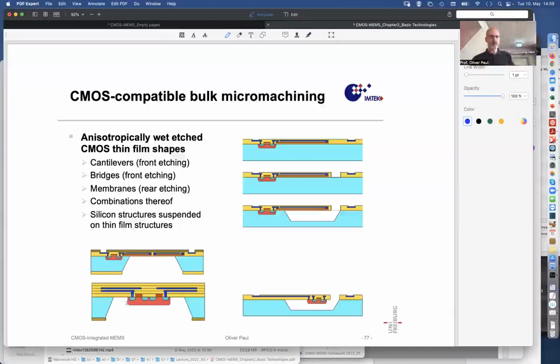Or we have here such a membrane of those many dielectric materials with its metal layers integrated, with some silicon hanging there. That's possible.